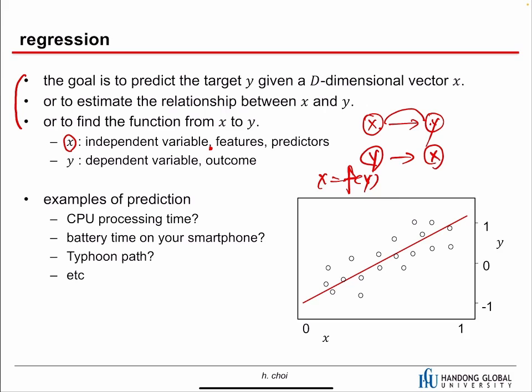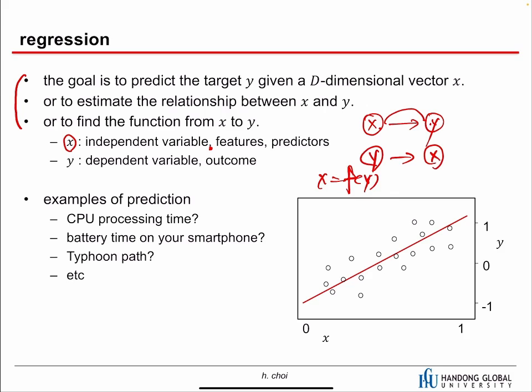Again, don't confuse the relationship that regression finds with the causal relationship. In general, a causal relationship is not easy to find. Most of the time, machine learning algorithms don't talk much about the causal relationship. They try to find the correlation or something like mutual information, so there is no direction.